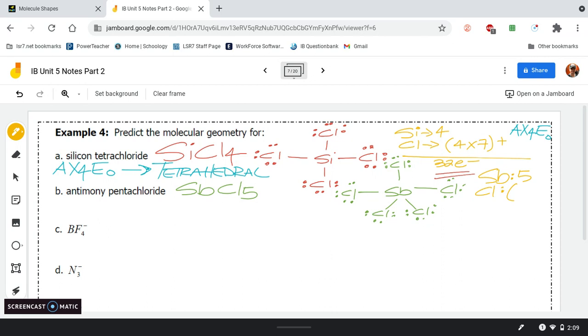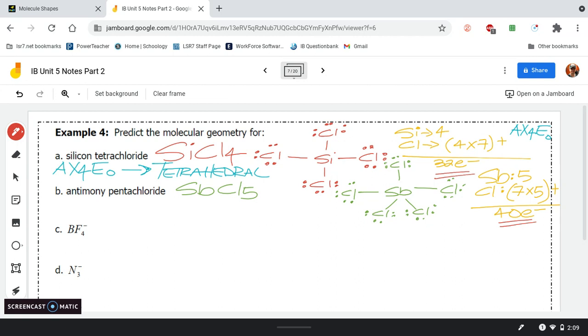So we've got 1, 2, 3, 4, 5. And then we're going to add those together. So 35 and 5, 40 electrons is what we're looking for. That's a lot.